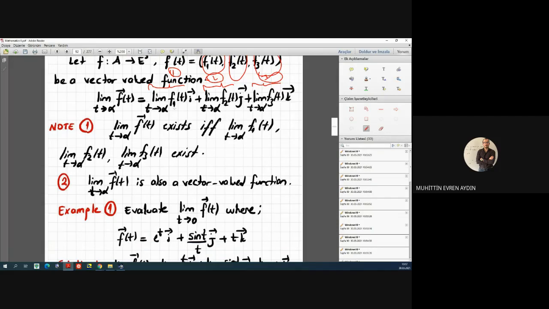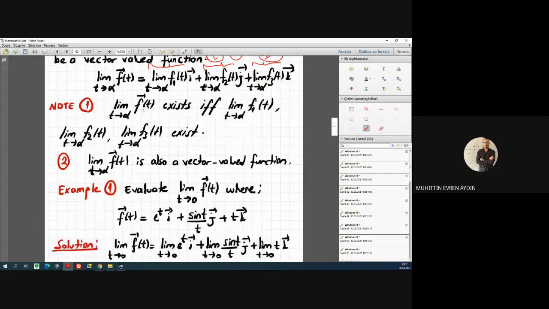Okay. A limit of a vector valued function exists if and only if those limits exist. Otherwise, namely, if at least one of these limits is infinity, then we say that this function has no limit.